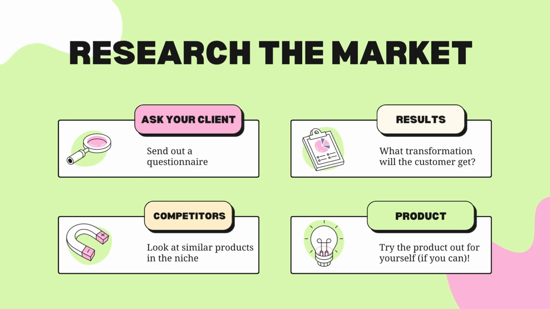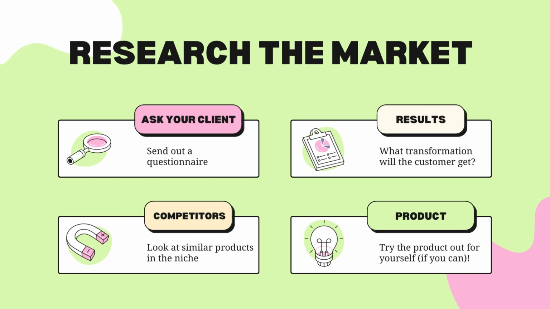Now, before you type a single word into your Google Doc, you want to make sure that you've gathered as much information on the target market as possible. So the first thing you want to do is ask your client for details on their ICA, their ideal customer avatar.